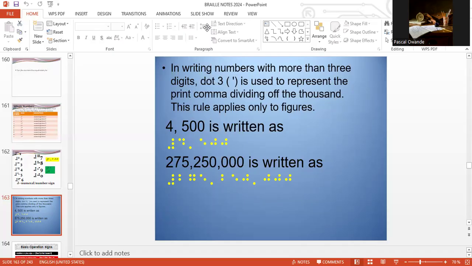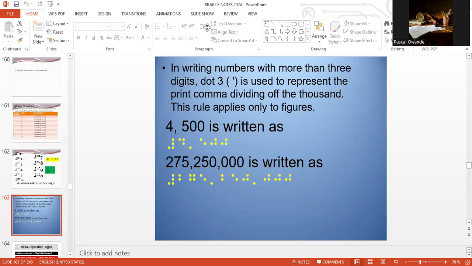For example, as you're able to see, we have 4,500, which is written as numeral sign 4, dot 3, then 500. We can also use that comma when we are dealing with a figure that has more than the hundreds.